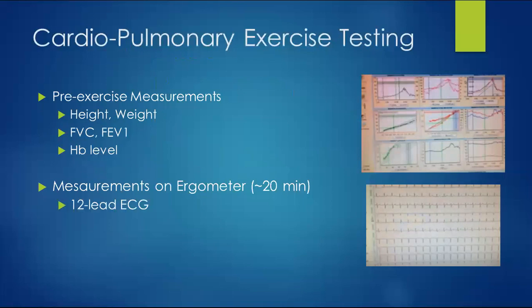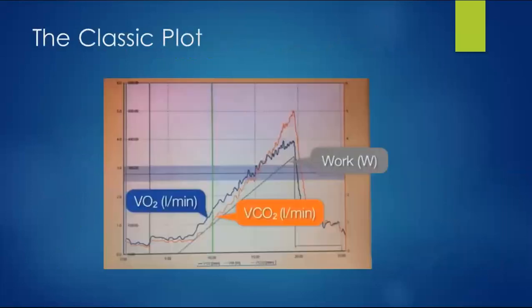This lasts for about 20 minutes. During this time, you have a 12-lead ECG attached, blood pressure monitoring, as well as an oxygen saturation probe. Spirometry is also undertaken, allowing us to measure oxygen consumption as well as carbon dioxide production.